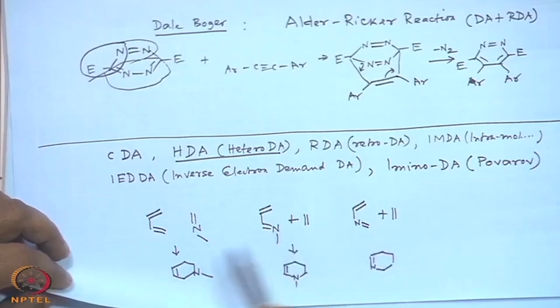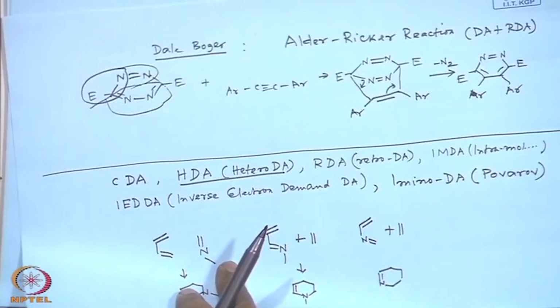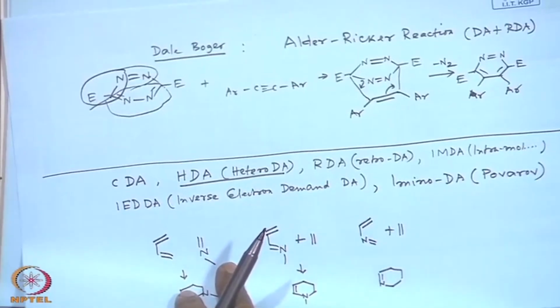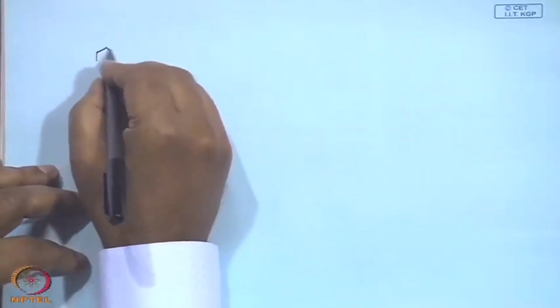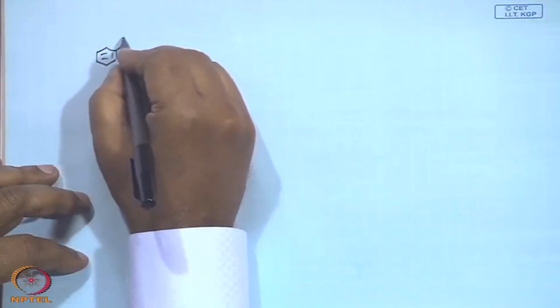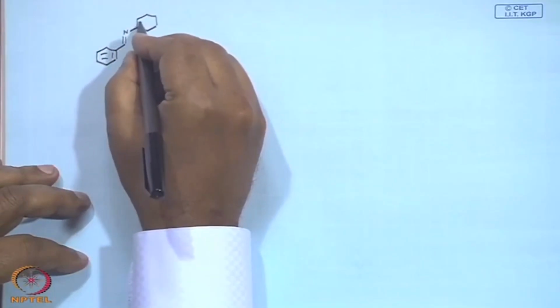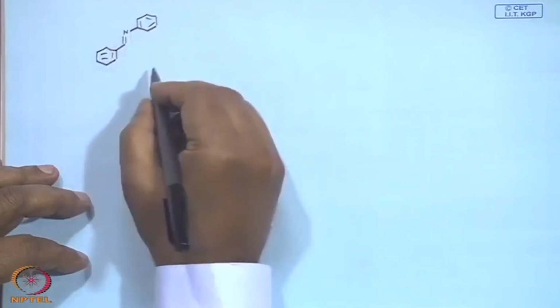So, likewise we will have a little bit of examples, just very quickly. Let us say you have an aromatic compound. Now, this is again a Schiff's base here. So, benzaldehyde and aniline.